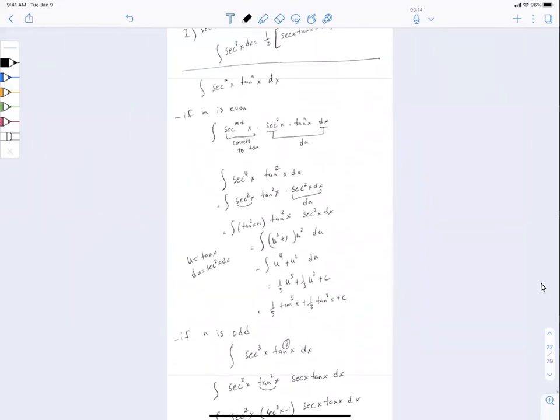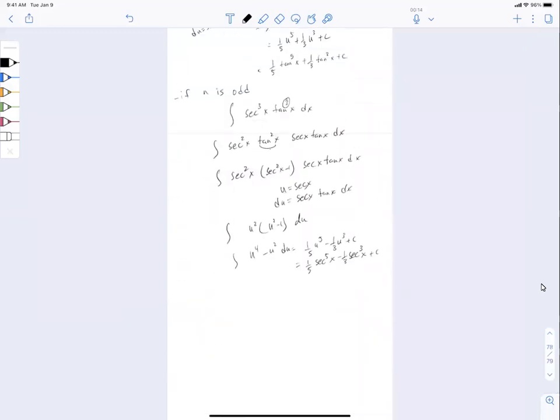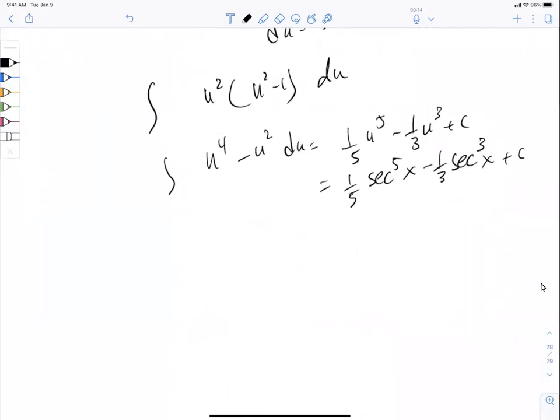This is how you handle when the power of secant is even. But of course, there is a third case where neither of those are true. Now, if they're both true, you pick and choose which one you're more comfortable with and which one has smaller powers.